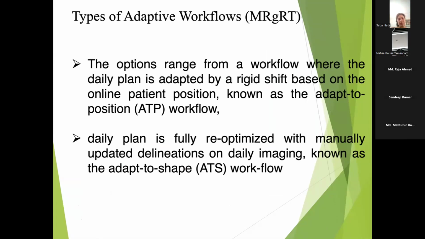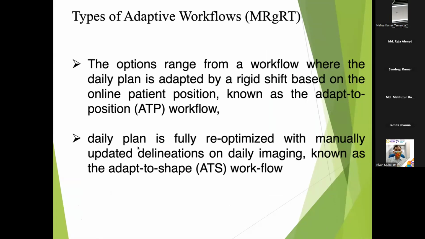The options range from the workflow where the daily plan is adapted by a rigid shift based on the online patient positioning, and the other, adapt to shape, where the daily plan is fully re-optimized with manually updated delineations on daily imaging.